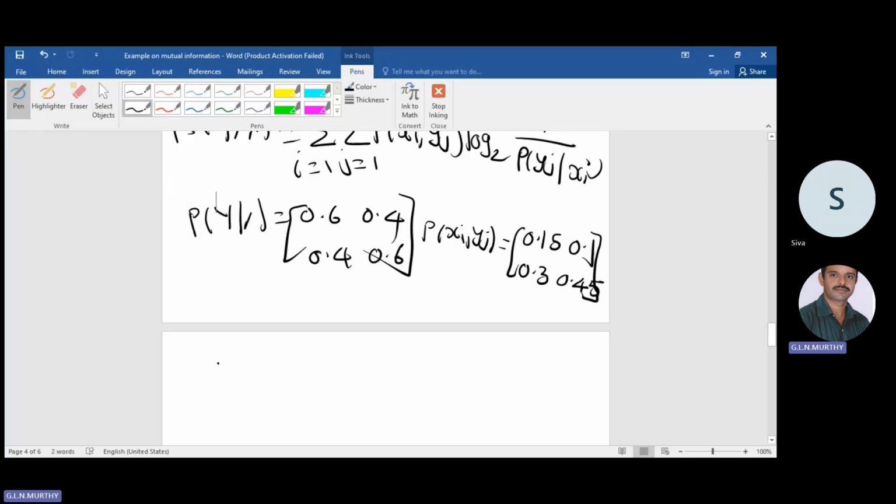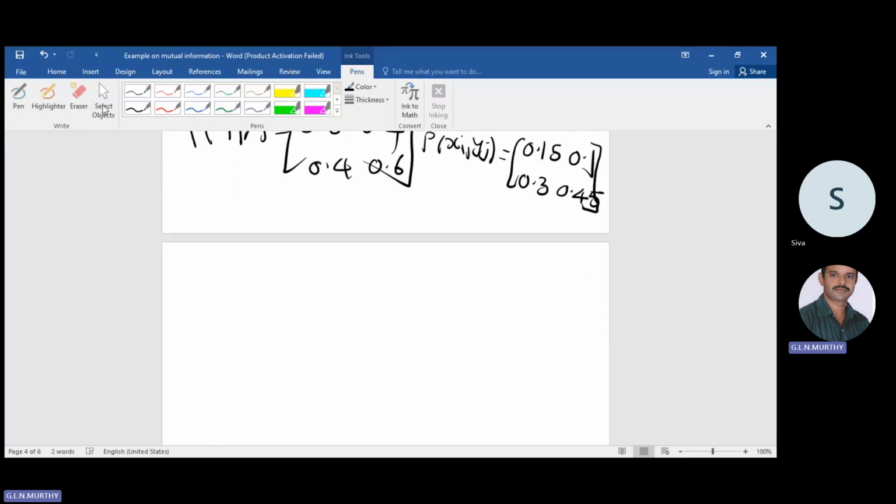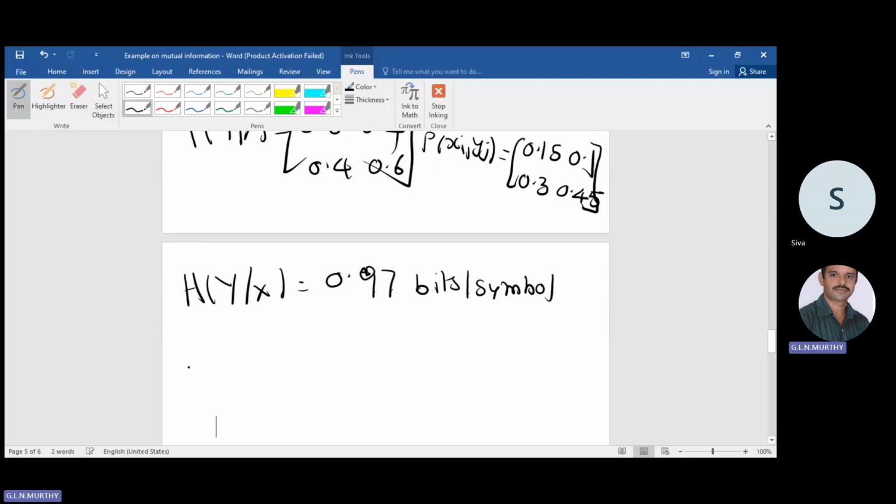By substituting these in the earlier expression, your conditional entropy H of y upon x will be around 0.97, though we need to verify after substitution. 0.97 bits per symbol. Units for entropy are bits per symbol.